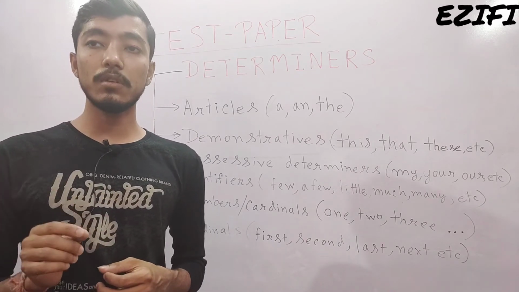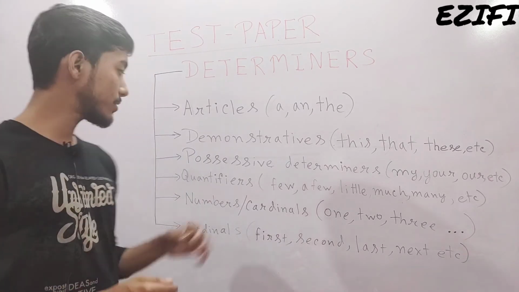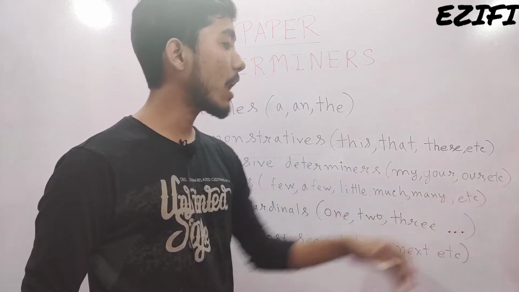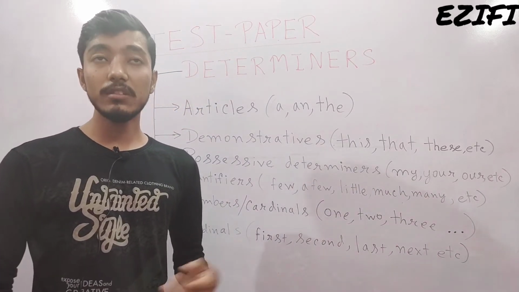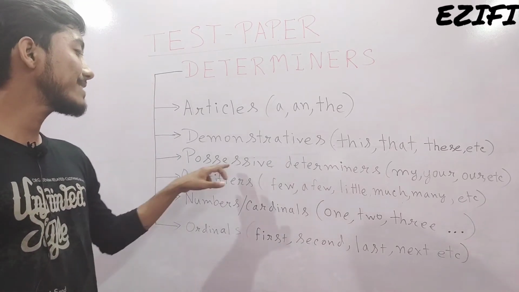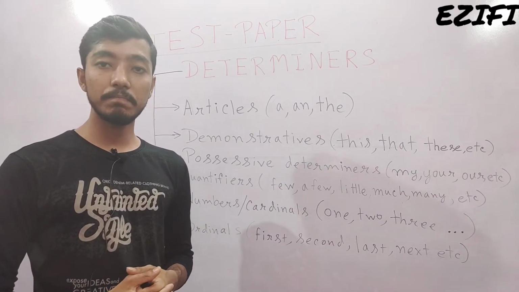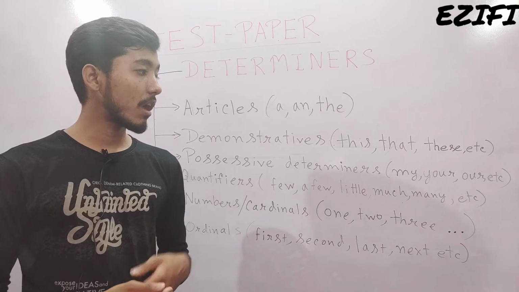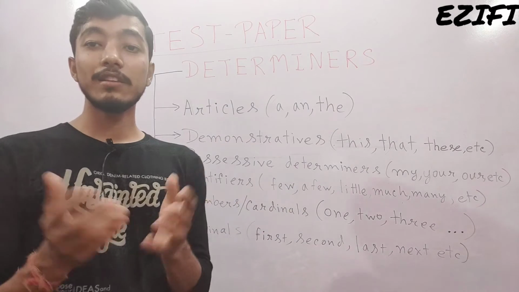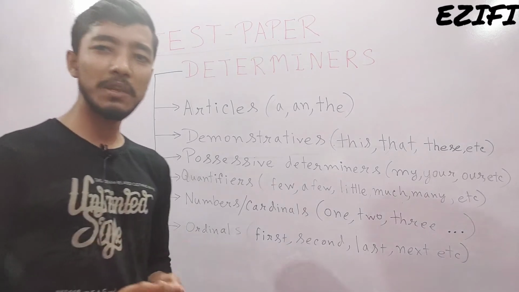So possessive determiners are words like my, your, our, their, his, her. These sort of words are classified as possessive determiners. They show possessiveness. If I say my book, my pen, our classroom, your channel Easy5, and there are many more.